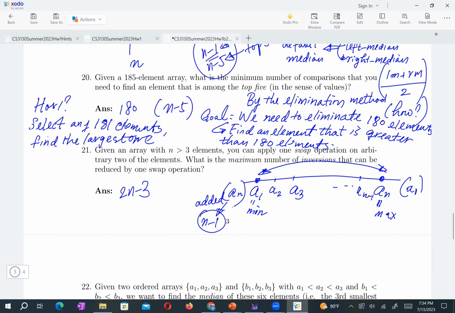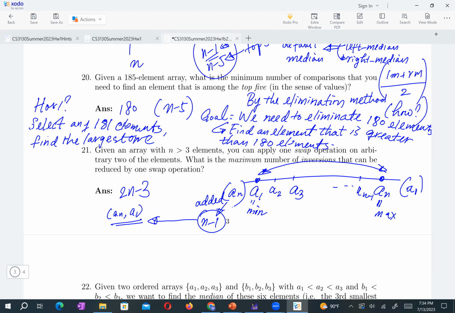Then A1 is similar to AN, but there is one inversion between AN and A1 that must be excluded. You already counted AN, A1. In these N minus 1 added inversions, you already counted AN, A1.